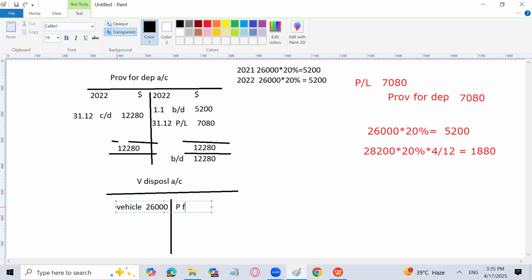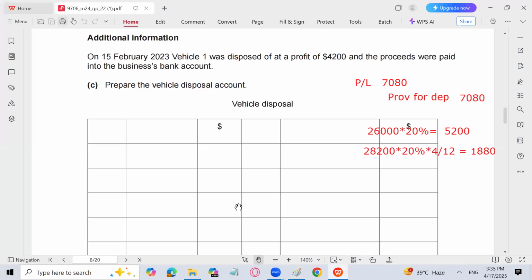And the provision for depreciation on the same asset, we have already done that. What is the amount of provision for depreciation? Can you know that? No. Why, sir? Because the asset has been sold on 15th February. Vehicle 1 was disposed of at a profit and the proceeds were paid into the business bank account. So for how many months we will charge depreciation?